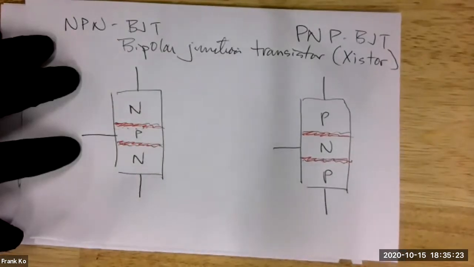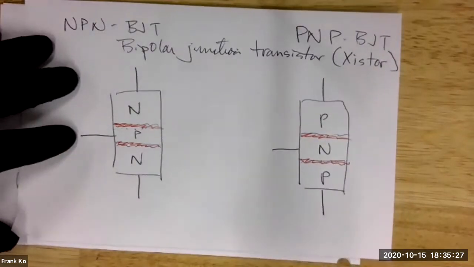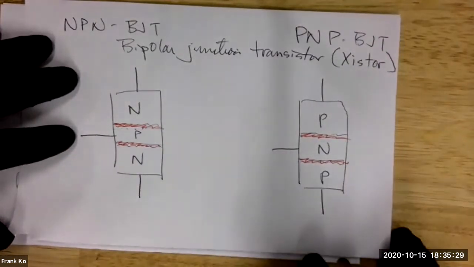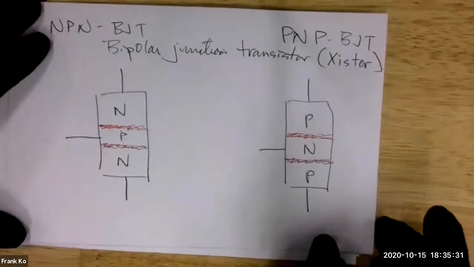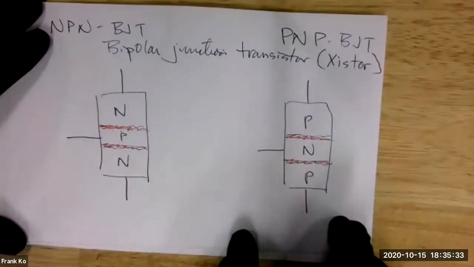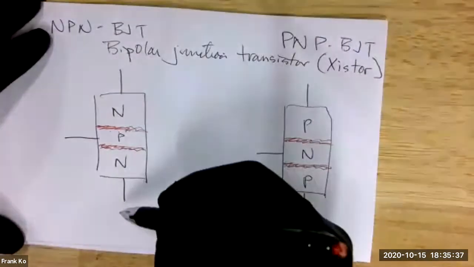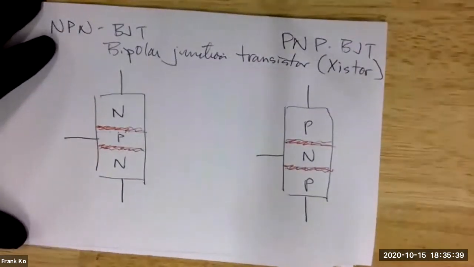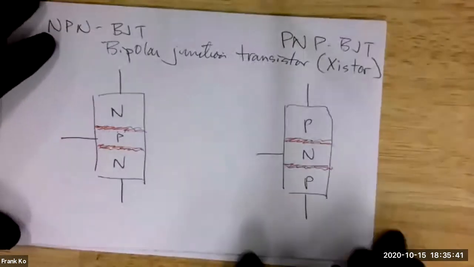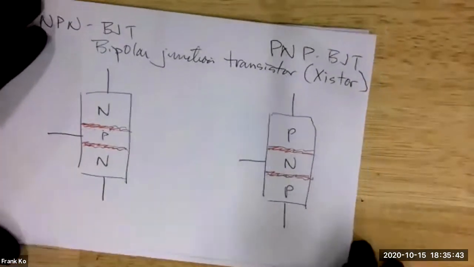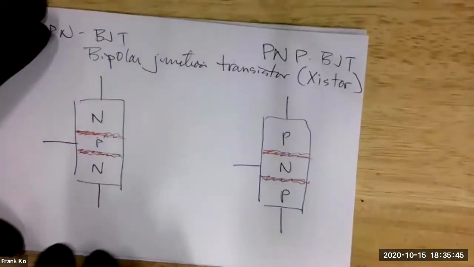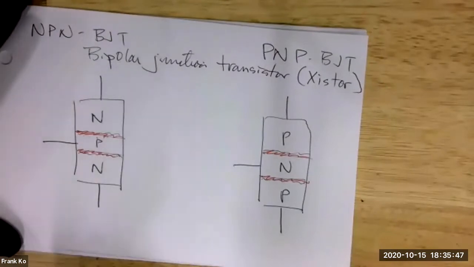So we have to be careful how we bias this thing in order to have this work. So what I want you to think about here is this. So far, this looks very symmetrical. So far, it looks like the top lead or the bottom lead won't make any difference. They may or may not. I will show you a schematic diagram that, yes, will make a difference.